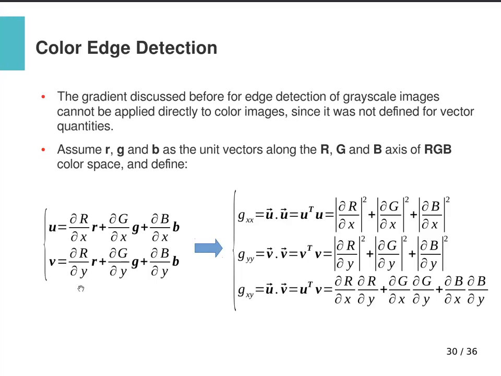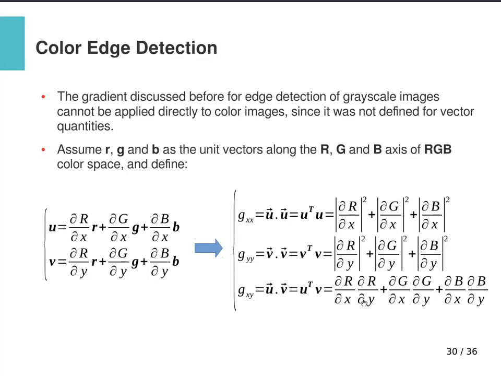The only difference is that you are calculating the derivative of the color components with respect to variable y. Now that we have u and v, we can define g_xx as the dot product of u and itself, g_yy as the dot product of v and itself, and finally g_xy as the dot product of u and v.